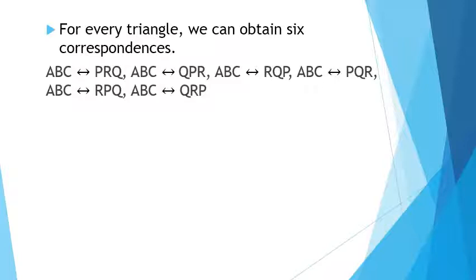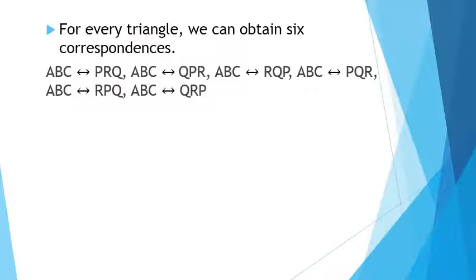You can keep the first triangle ABC, and keep the second triangle over triangle ABC in such a way that vertex A corresponds to P, vertex B corresponds to Q, and vertex C corresponds to R. Now we turn the second triangle anti-clockwise. Then you will get the correspondence ABC corresponds to RPQ.